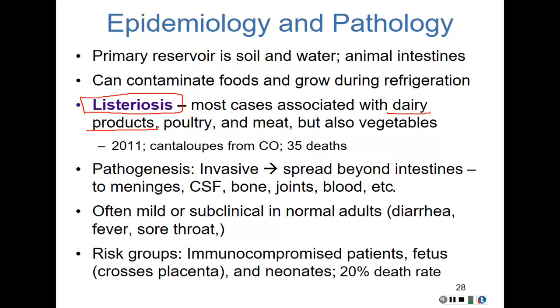So things like milk, cheese, ice cream, yogurt, but it doesn't just stop there. There was a case, as you can see here, in 2011. 35 people in Colorado died from contaminated cantaloupes. So there can be some other food products other than dairy.